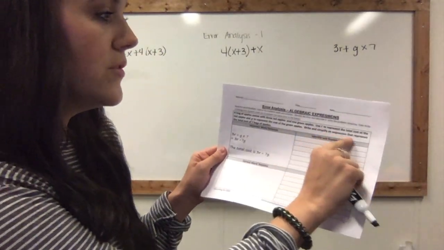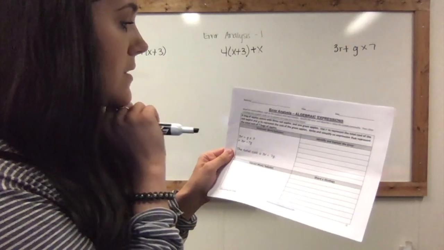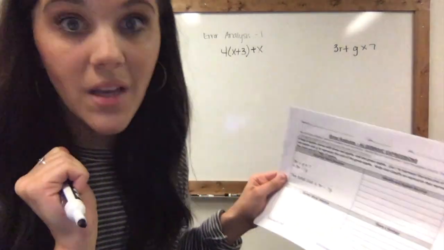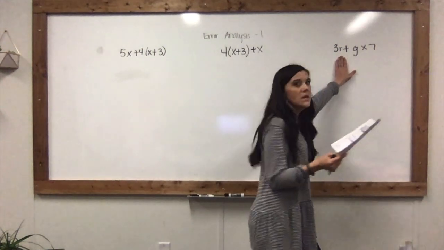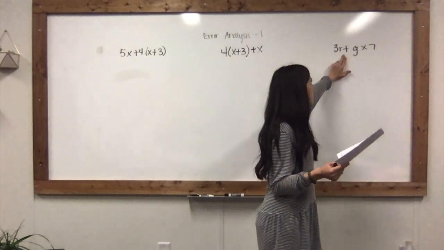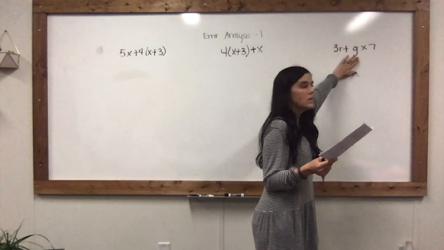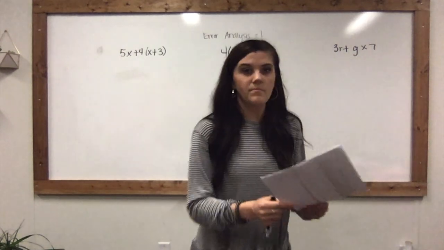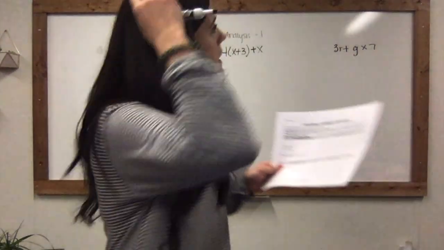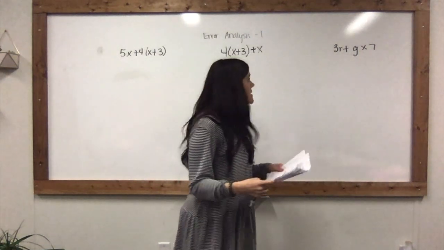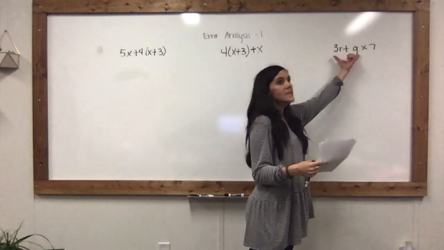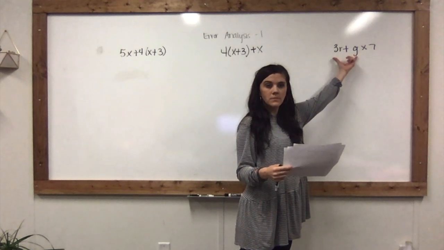Write and simplify the expression to represent the total cost of 7 bags of apples. So this is the equation that they have come up with: 3 times the red plus a green times 7. Okay, so they are very close. The only thing is that we want to put these in parentheses.